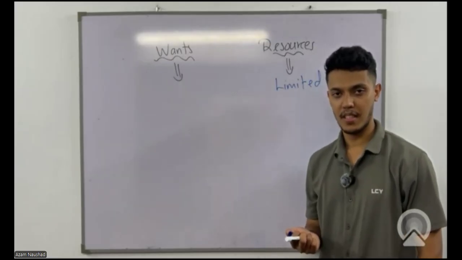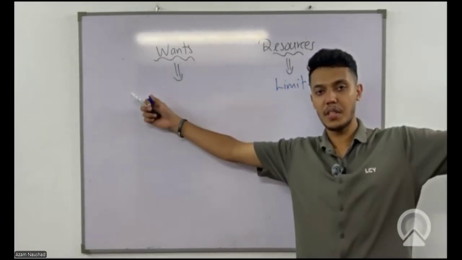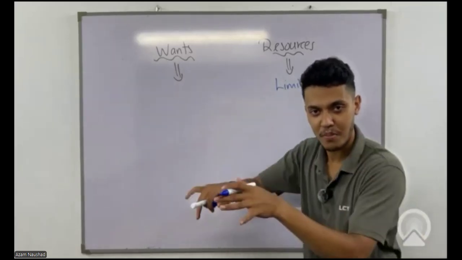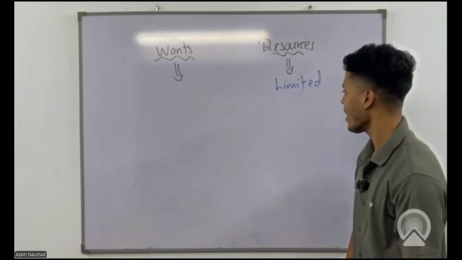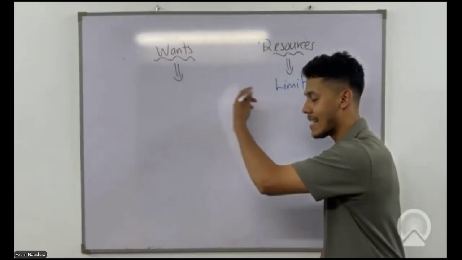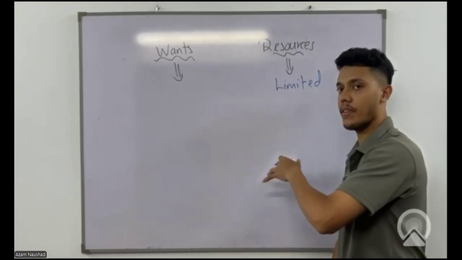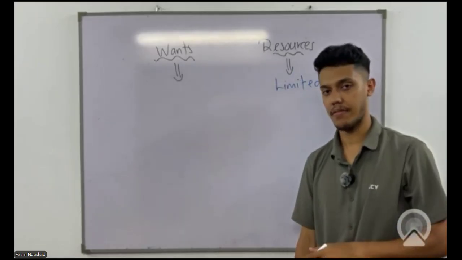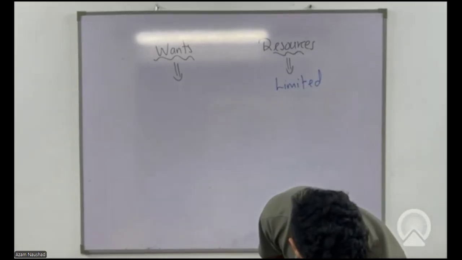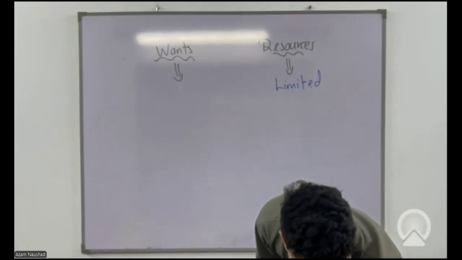Nope. That might be unlimited for a single person, or for Sri Lanka. We can swim in the crude oil. I'm just kidding. But when we compare with the entire world, the crude oil that we have right now is not enough.